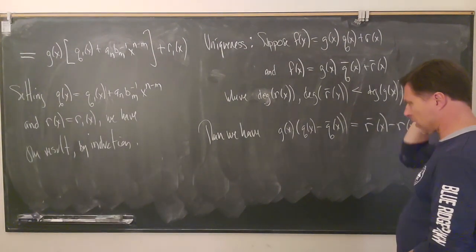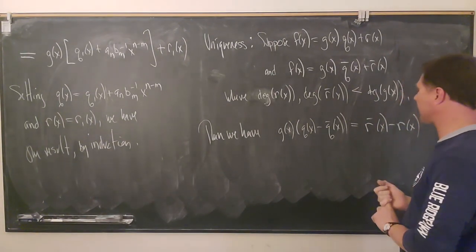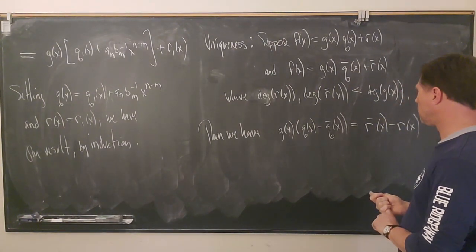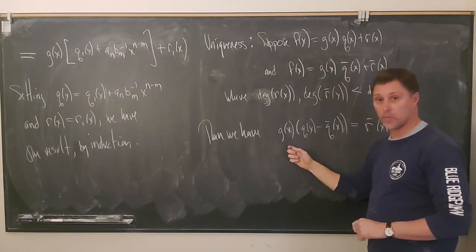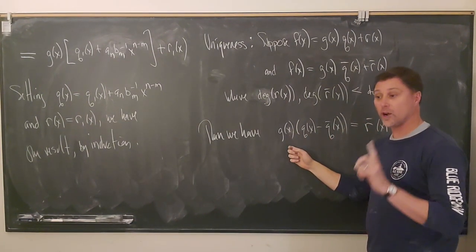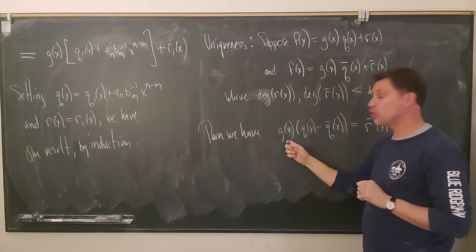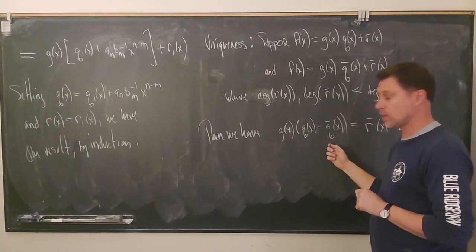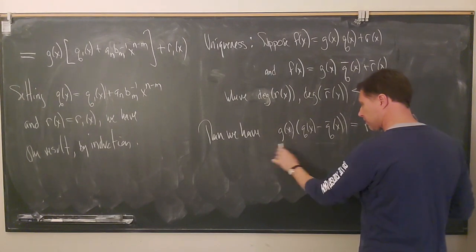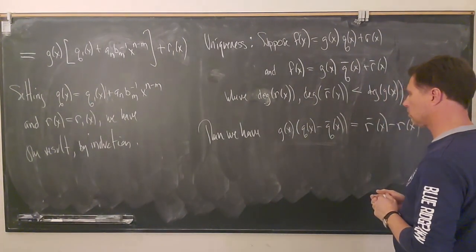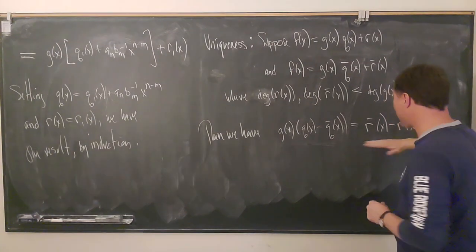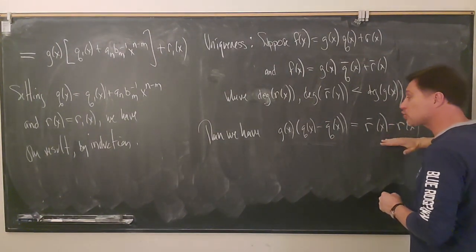Now, how is this possible? Well, let's think about what's happening here. In an integral domain, when you multiply non-zero polynomials, the degree cannot go down. So on this side we have a certain degree, and the degree over here is strictly smaller.